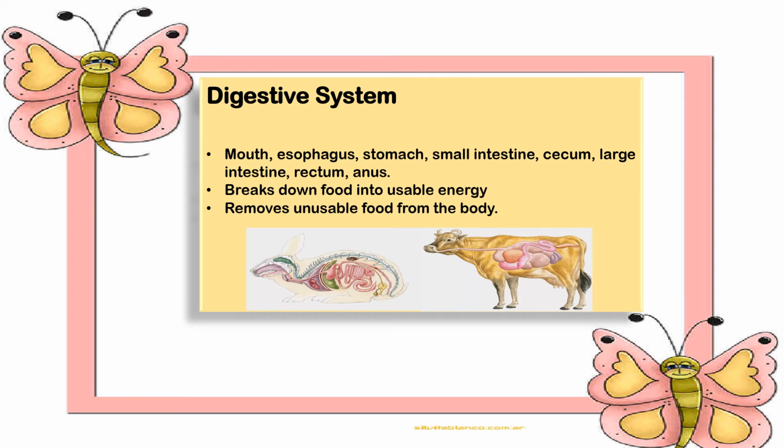Okay. So digestive system, the major structures involved here are your mouth, esophagus, stomach, small intestine, cecum, large intestine, the rectum, and the anus. This breaks down food into usable energy, and this removes unusable food from the body.